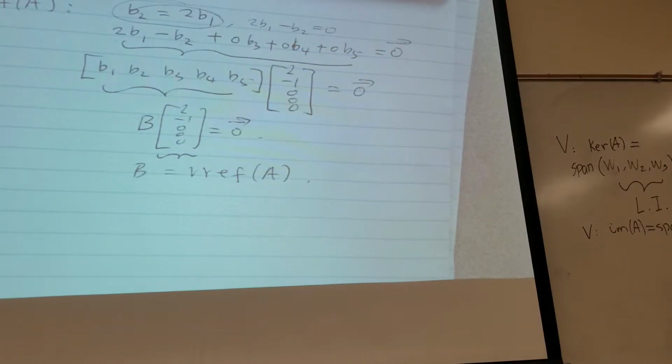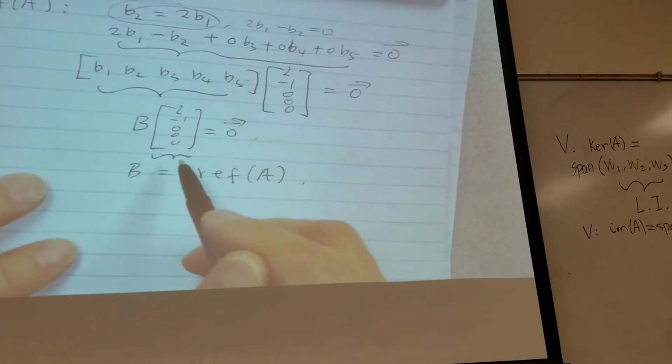But the main thing is it generates a linear system which is different, but equivalent. Equivalent, what does that mean? A and the subsequent matrices or systems have the same solutions. So this one is a solution.